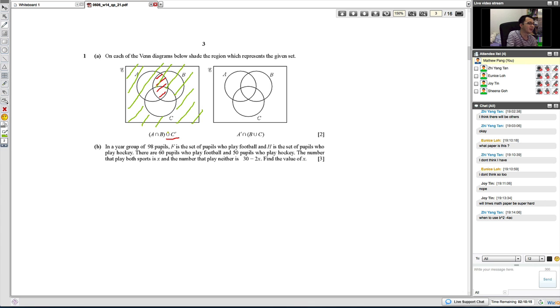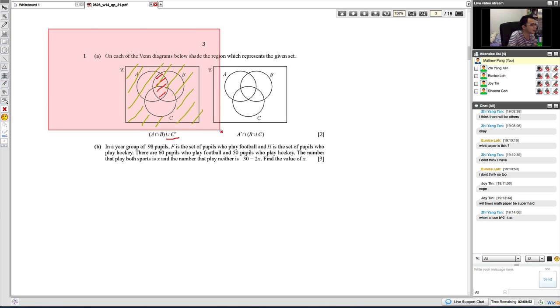So whenever I see the word union, that means no matter whether it's one color or two colors, you will need to include both in your diagram. So that means you will have everything.